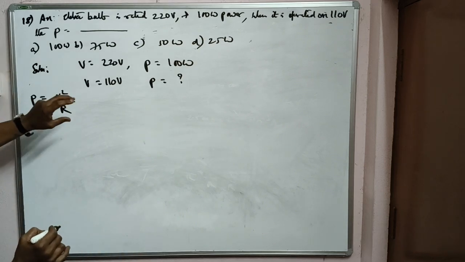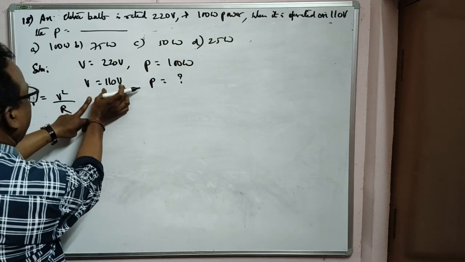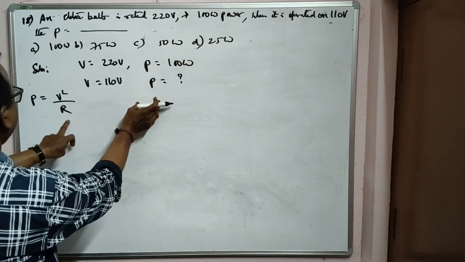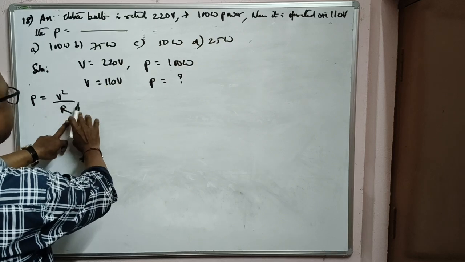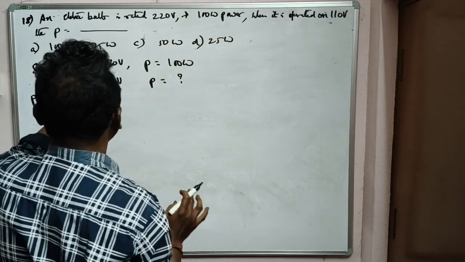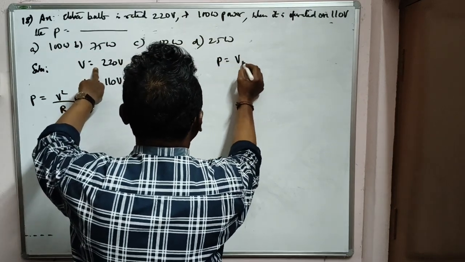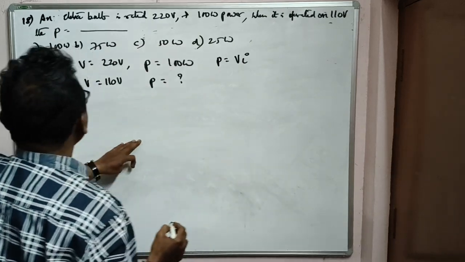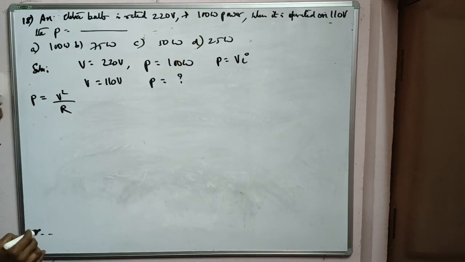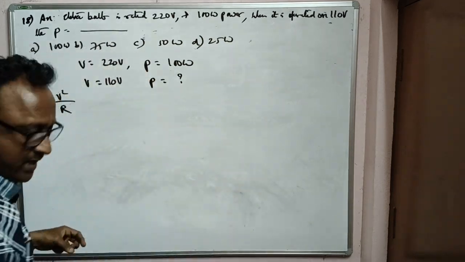Now, because here he has given 110 volts and we don't know the resistance value, we'll try to calculate the resistance from this one. P is equal to VI. Yes, we'll try to calculate resistance by using this formula.